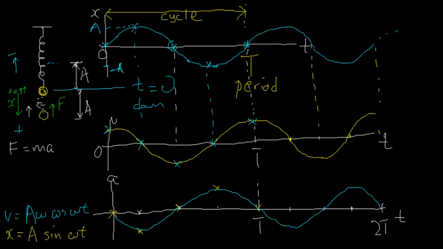Now, if you recall the formula that we obtained from the definition of simple harmonic motion, this formula a is equal to minus omega squared x. If you remember this.